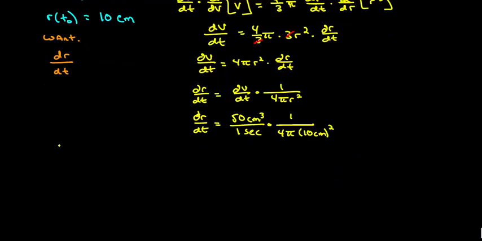So this gives me dr/dt, the rate of change of the radius with respect to time. So how is the radius changing as time changes? So on the top is 50 centimeters cubed over 1 second. On the bottom, 4 times pi, this is going to be 100 centimeters squared, so this is going to be 400 pi centimeters squared.